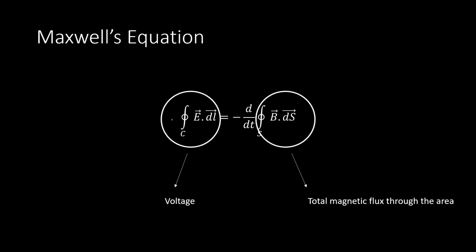So we know the right-hand side must be a closed surface integral. And this term means the total magnetic flux through the closed surface. And the left-hand side represents a voltage. So how do these two relate to one another?